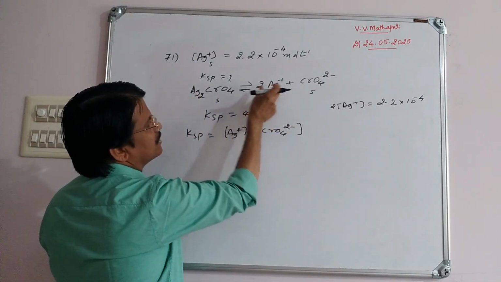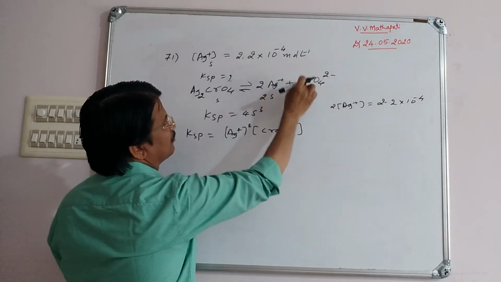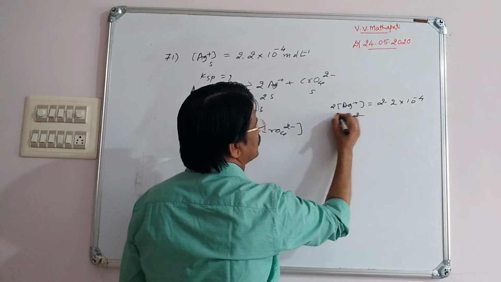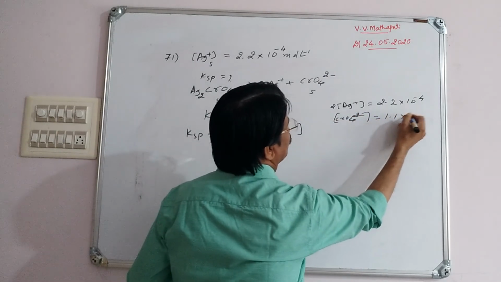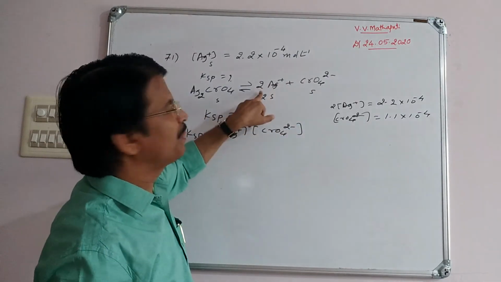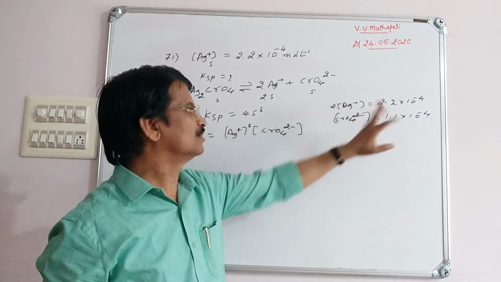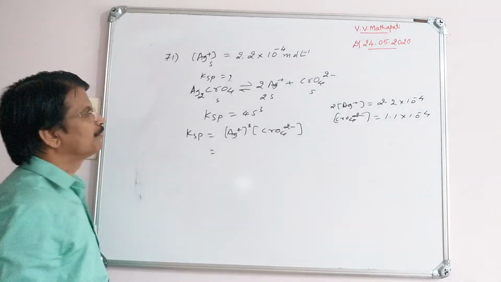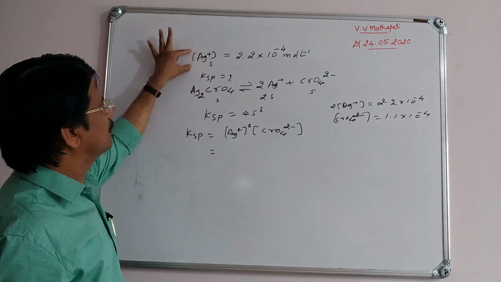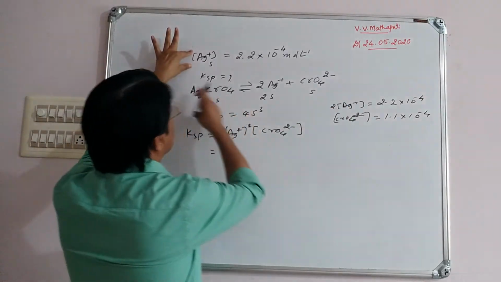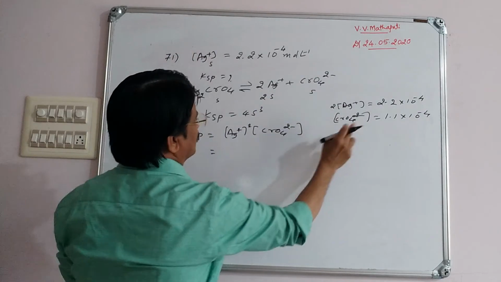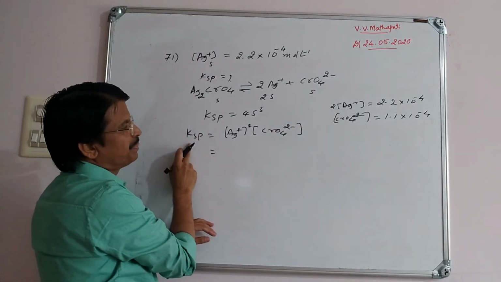meaning for 1 mole of CrO4, 2 moles of Ag plus, so for 1 mole it's half. Therefore the CrO4 2 minus value is 1.1 into 10 to the minus 4, because it is half of the silver ions. Then substitute in the Ksp formula.